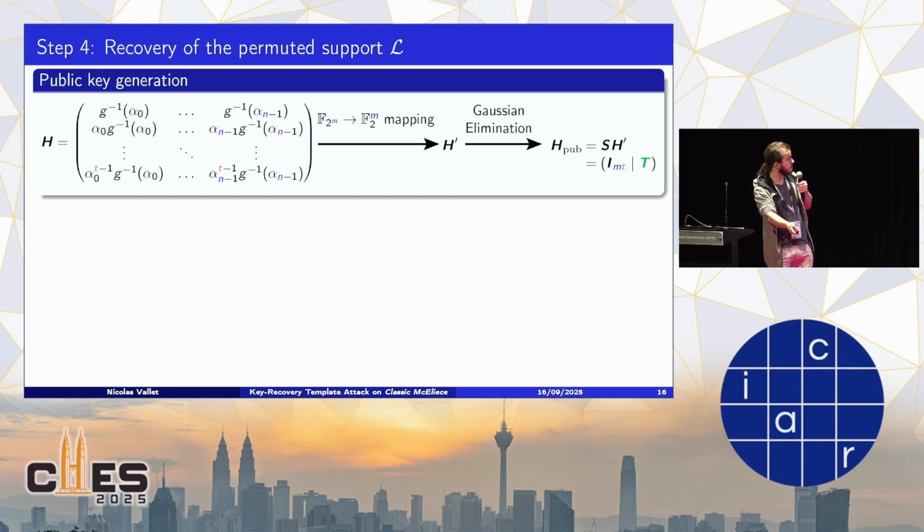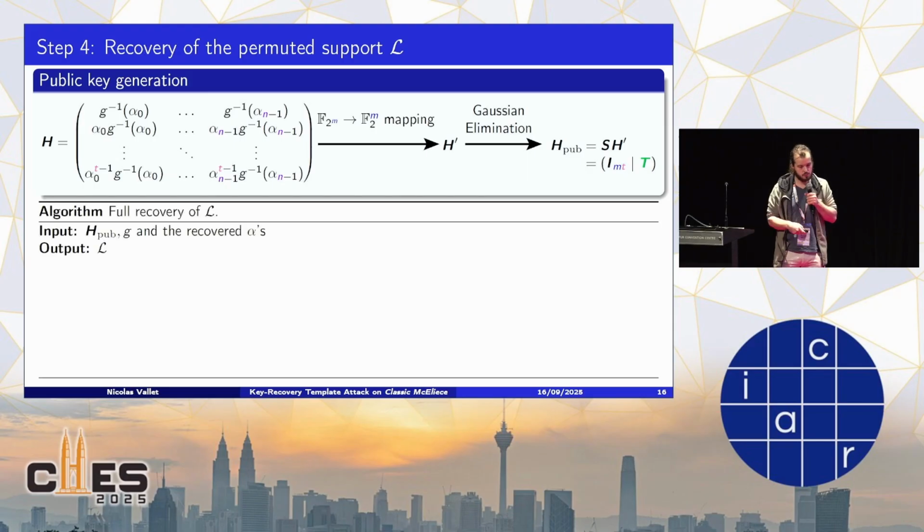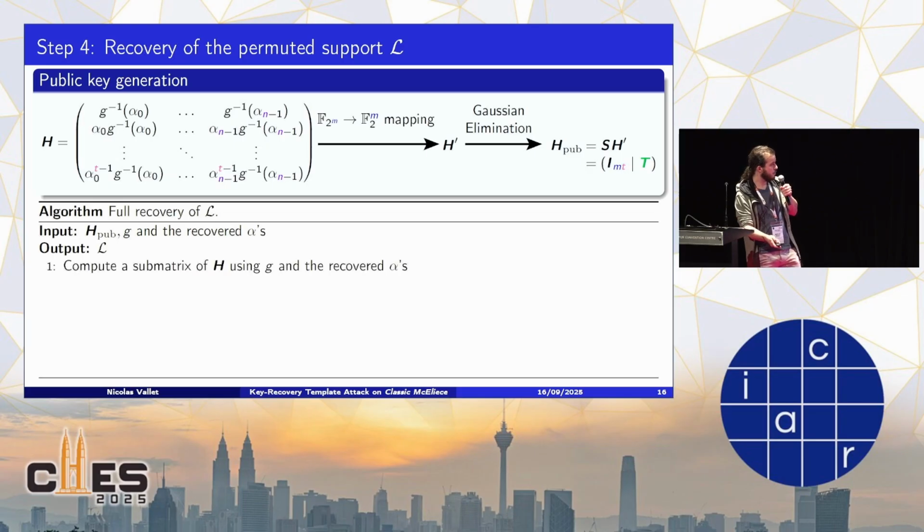So now that I explained the public key generation, I can explain how to recover L. So we use H-pub, G, and the alpha that we recovered to recover L. First, we will compute a submatrix of H. In fact, we will compute the columns of H that correspond to the alpha that we recovered.